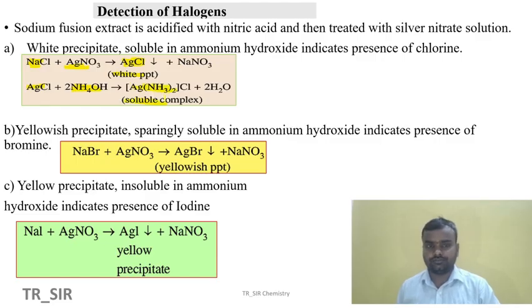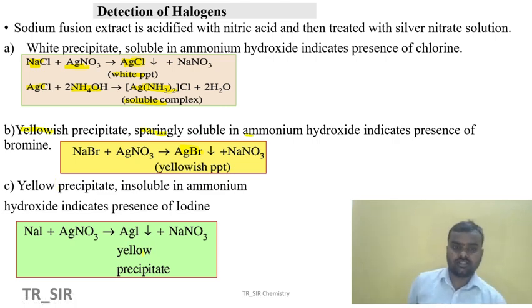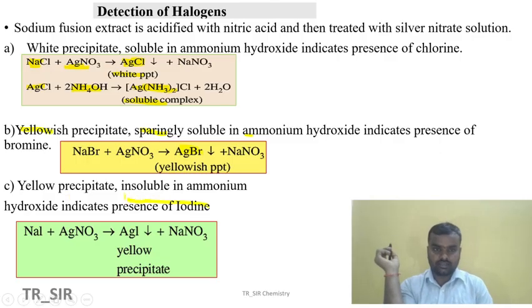That is chlorine. A yellow precipitate sparingly soluble in ammonium hydroxide indicates the presence of bromine. Another, lemon yellow, precipitate is iodine, which is insoluble in ammonium hydroxide. That confirms iodine.